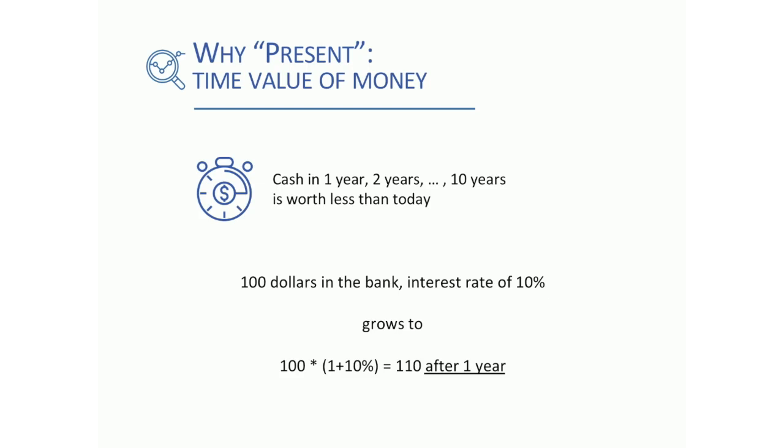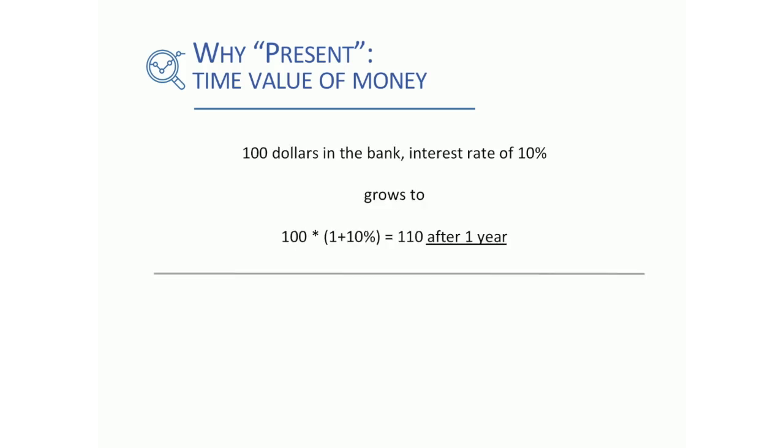Okay? So this should feel like a very familiar setting where you're thinking about how money grows over time if you were to use a bank account or many other financial instruments. Now let's take that as our baseline example, and then let's think about what is happening if I flip this problem around.